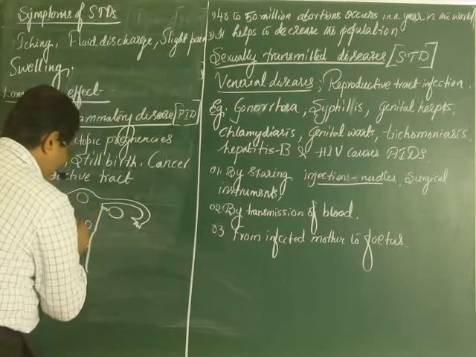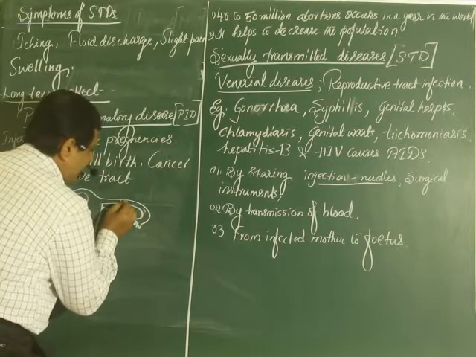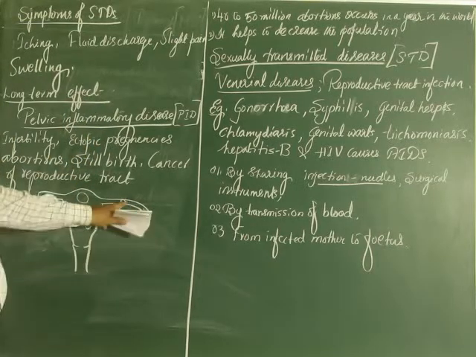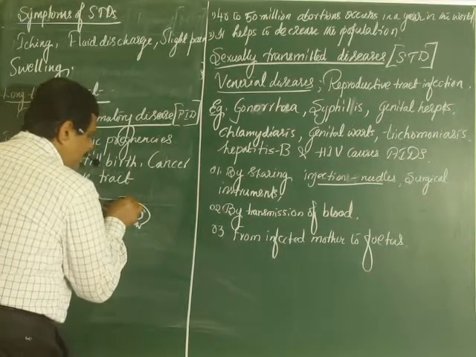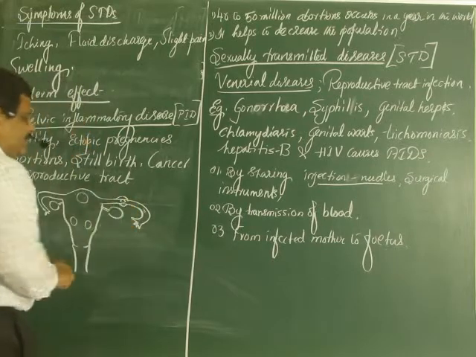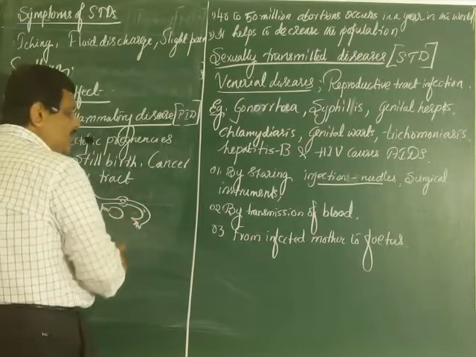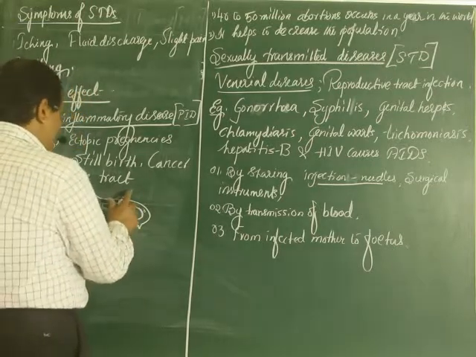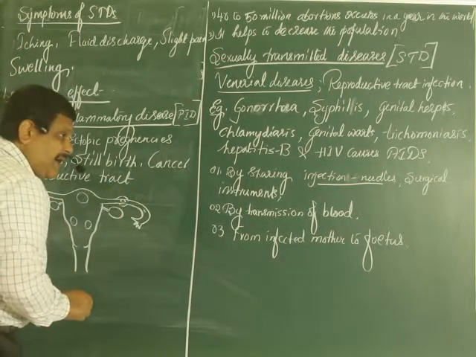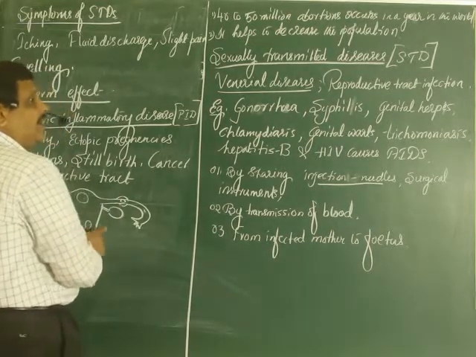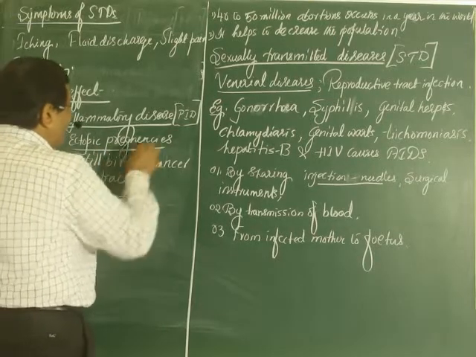Instead of conceiving here, when the sperm and egg fuse, the embryo starts attaching in the tube itself, and it will grow slightly up to 1 or 1.5 months. Then what happens? A lot of pain occurs, and it will rupture. There is a rupturing of this particular tube, and due to that internal bleeding starts, and it should be treated within 24 hours. Otherwise, there is a risk to the health of the mother also.